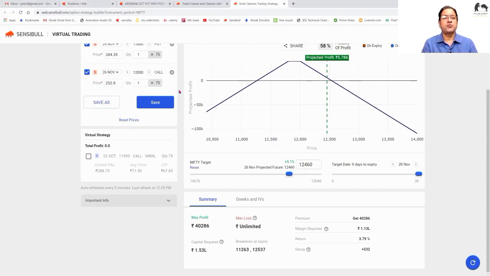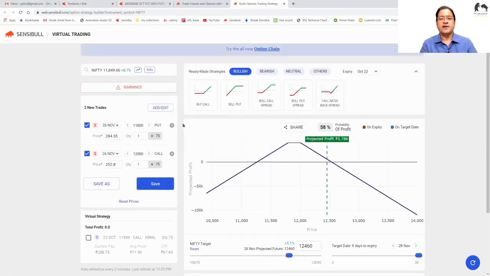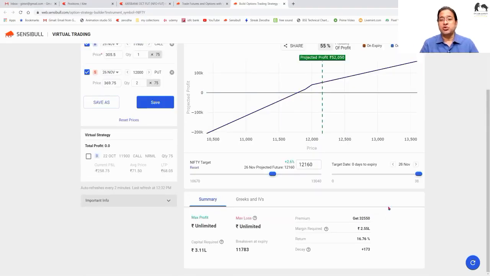Even here, if I add two positions, as you can see, this is about buying a call and put option with different strike prices, and then a put option is sold with a strike, and a call option is sold with a strike. I hope these strategies were useful.